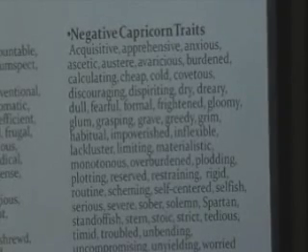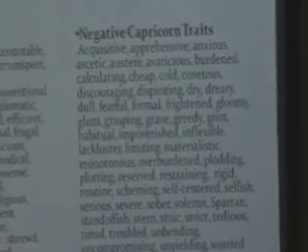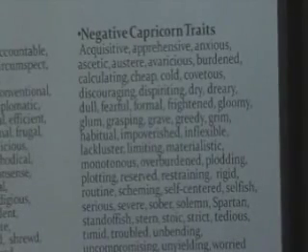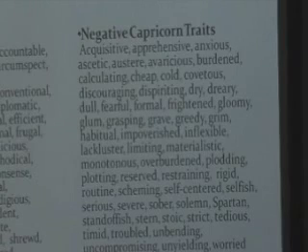Formal, frightened, gloomy, glum, grasping, grave, greedy, grim, habitual, impoverished, inflexible, lackluster, limiting, materialistic, monotonous, overburdened, plotting, reserved, restraining, rigid, routine, scheming, self-centered, selfish, serious, severe, sober, solemn, Spartan, standoffish, stern, stoic, strict, tedious, timid, troubled, unbending, uncompromising, unyielding, and worried. I'm worn out.